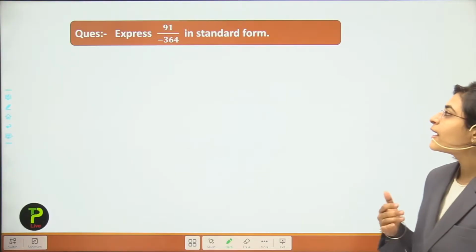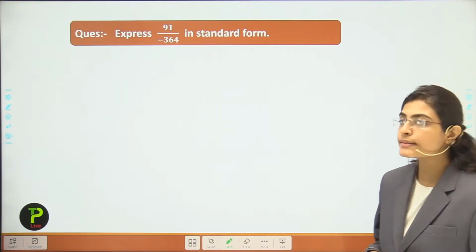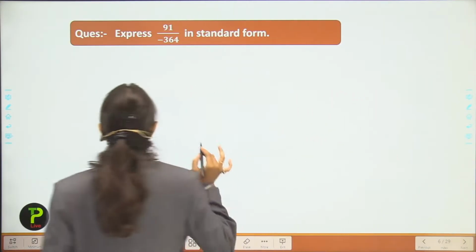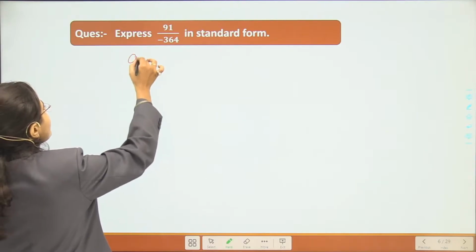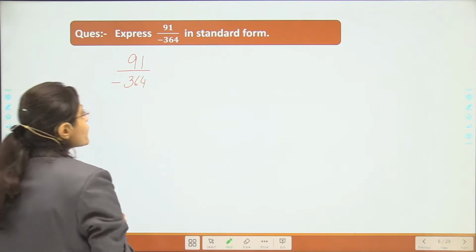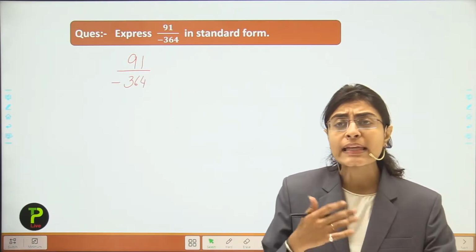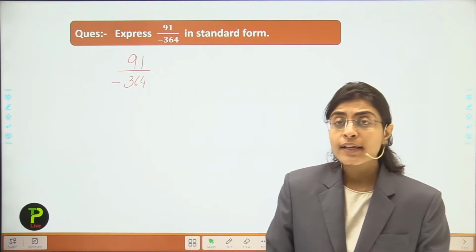So our next question is express 91 by minus 364 in standard form. So here 91 by minus 364. Now the main concern is that our first step is to make the denominator positive, isn't it?